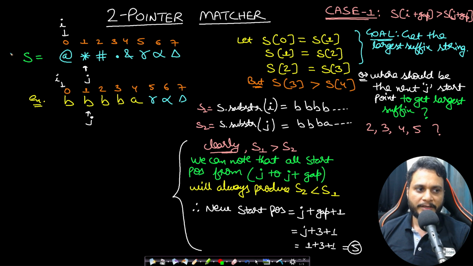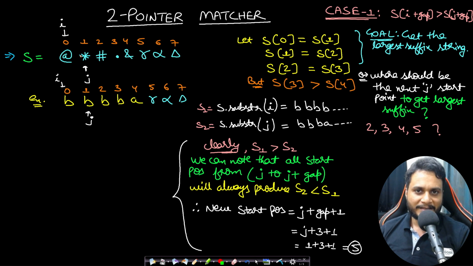I am taking an example S with all special characters. The reason for taking special characters is that you don't know the ASCII value and I don't want you to know. If I put X, Y and other letters, that will seem like a valid input and you may get confused, and that is why I am taking special characters from 0 to 7. Now using the two pointer, let's see how to get the largest suffix, right?